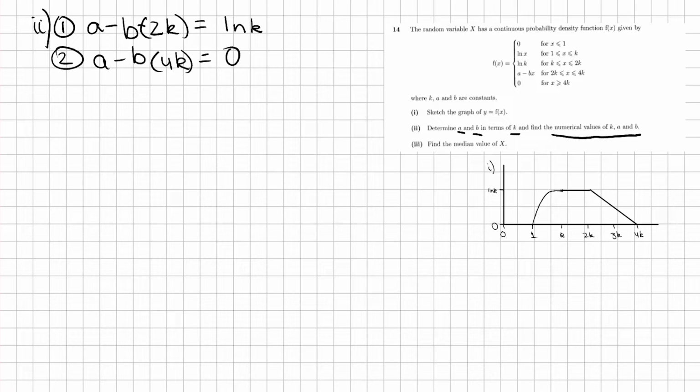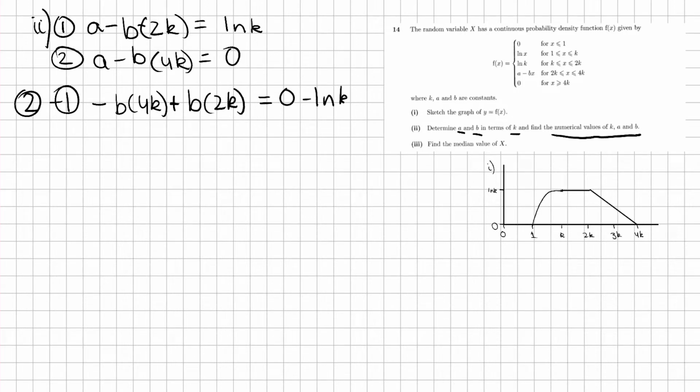So now we can just eliminate a from these equations. If we do equation 2 minus equation 1, we can take away these. We're going to get a minus b lots of 4k minus another minus b times 2k, which is going to be a plus, and then that's going to be 0 minus the natural log of k.